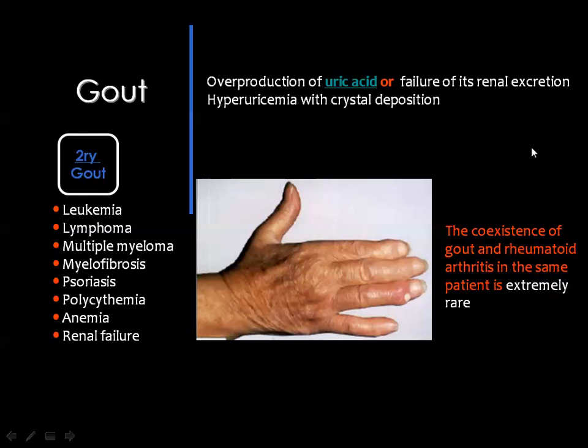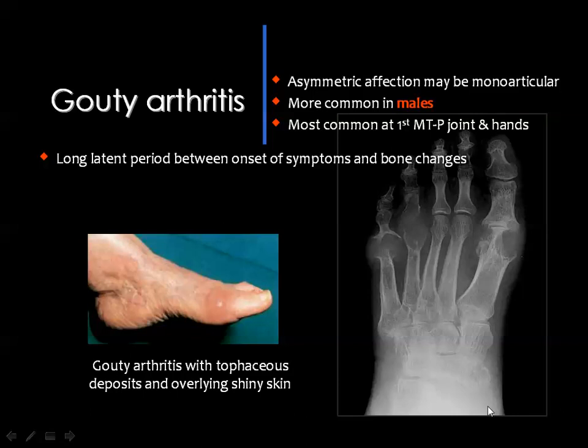Gout may be primary due to overproduction of uric acid or failure of its renal excretion, or may be secondary to many of the diseases. The hyperuricemia will result in deposition of uric acid crystals in juxta-articular position, and this is commonly seen at the metatarsophalangeal joint of the big toe, but it also can affect the rest of the foot joints and also the hands.